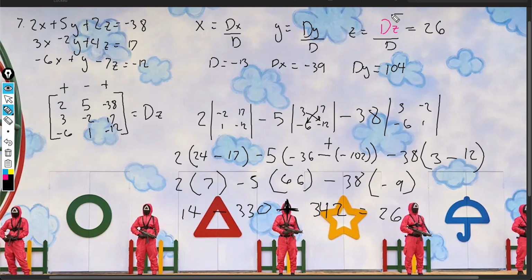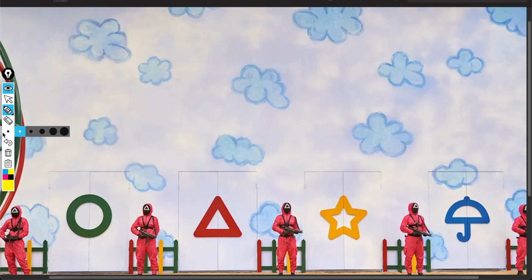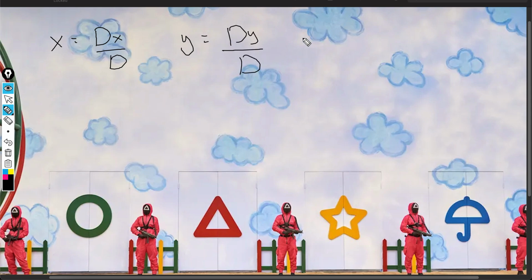So now d sub z, we figured out, equals 26. So I'm going to really quickly, we've got our 4 answers. Now we're going to plug them into this formula. So let's do that real quick. Originally, this is what we're dealing with: x is d sub x over d. I love this part because everything comes out so clean.